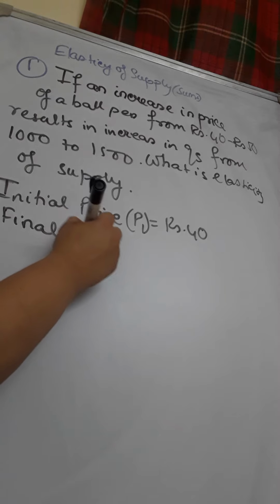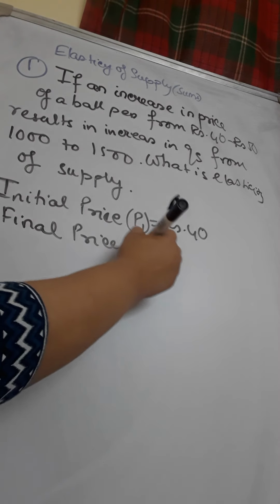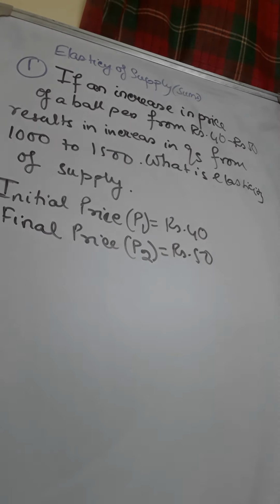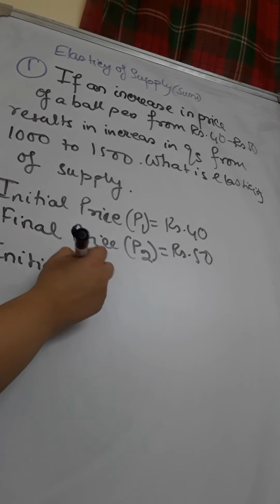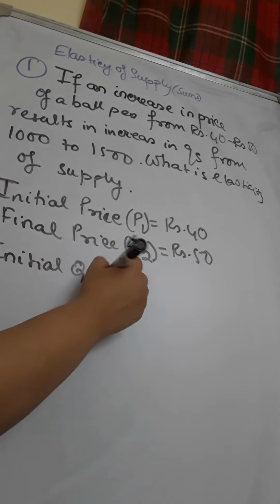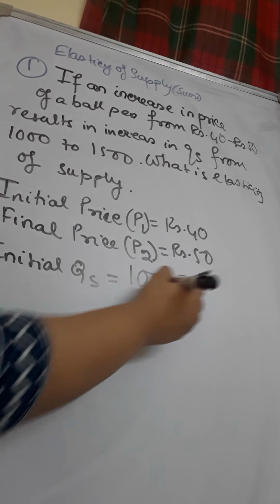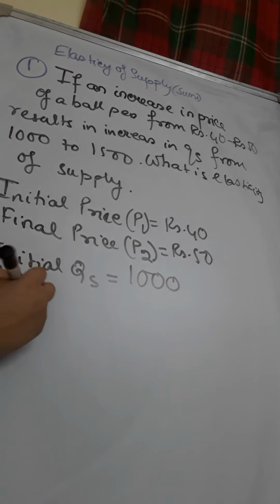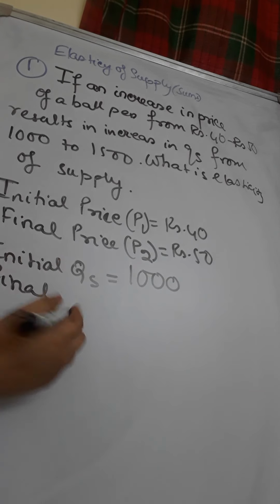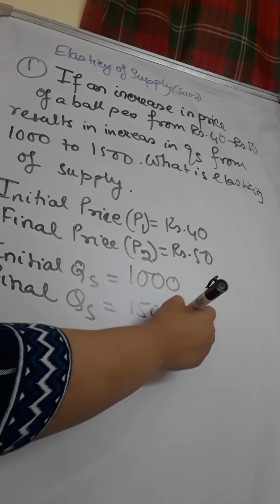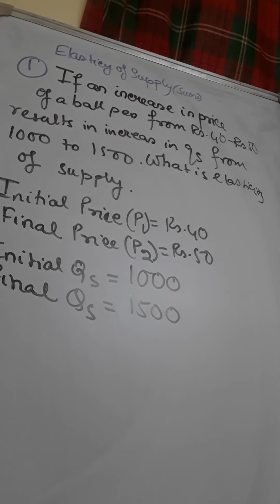So the final price, let's name it P2, is rupees 50. And the initial quantity supplied is 1000 units of a product, and the final quantity, because the price has increased, the producer, in order to take the benefit of profit earning, has also increased.